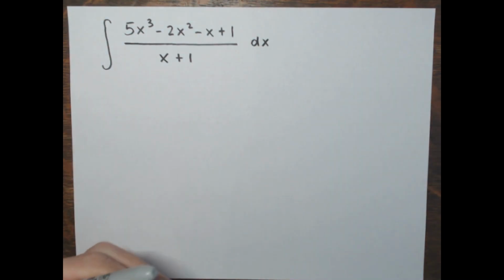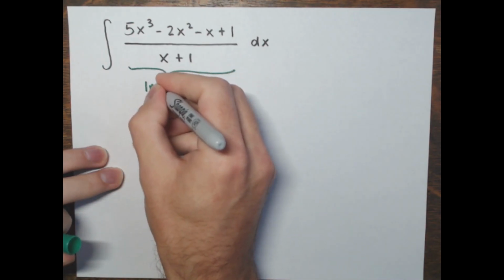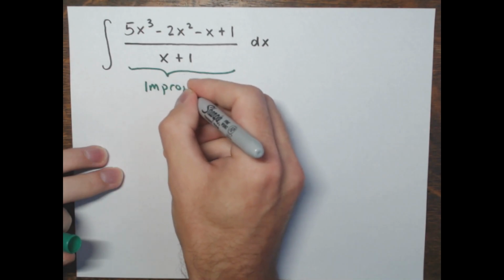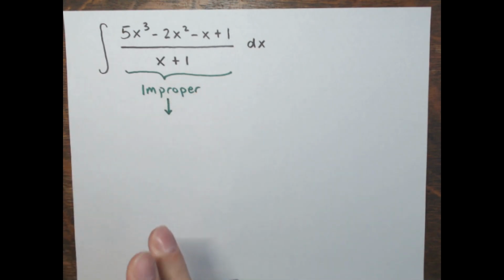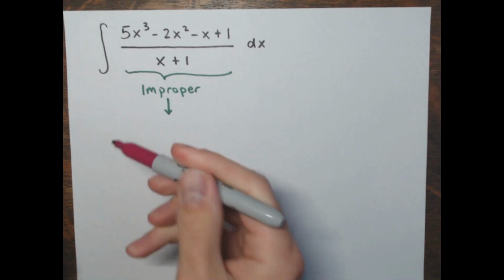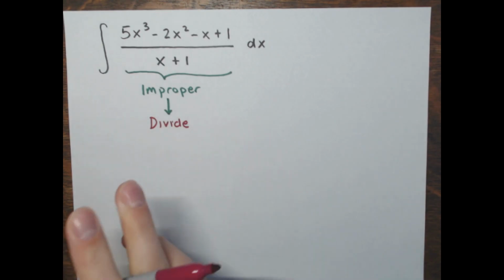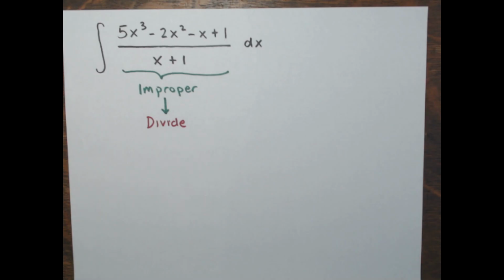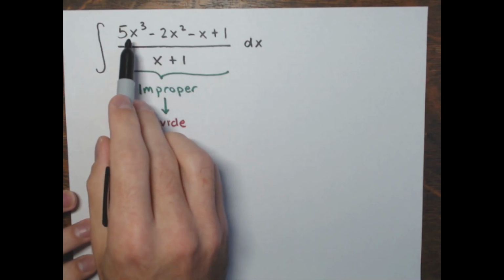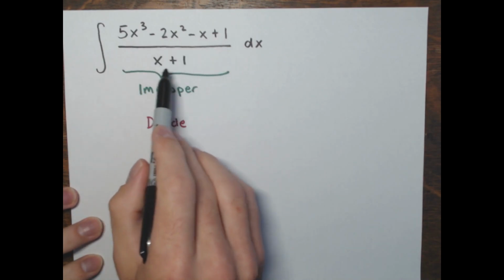All right, so like I was saying, this fraction I'm seeing here is what they'd consider improper by definition. And if that's the way your rational integral is starting out, perform long division. I'll just write divide here. I'm going to ignore the integral and the differential for right now. We'll come back to that. I'm going to divide 5x cubed minus 2x squared minus x plus 1 by x plus 1.